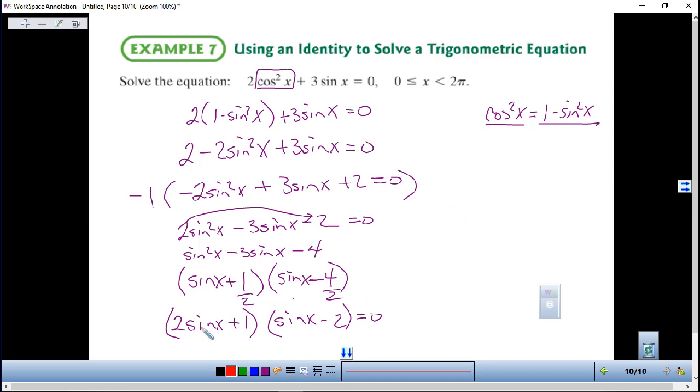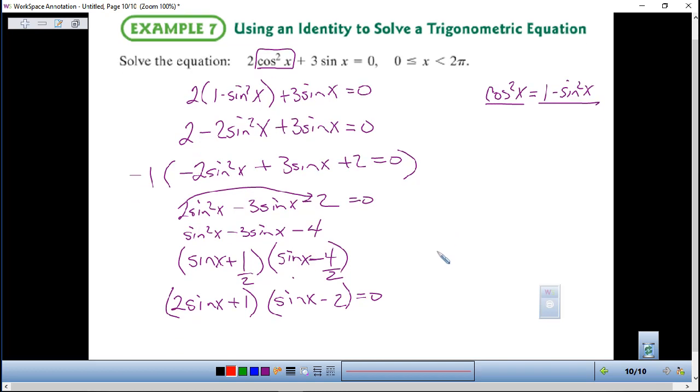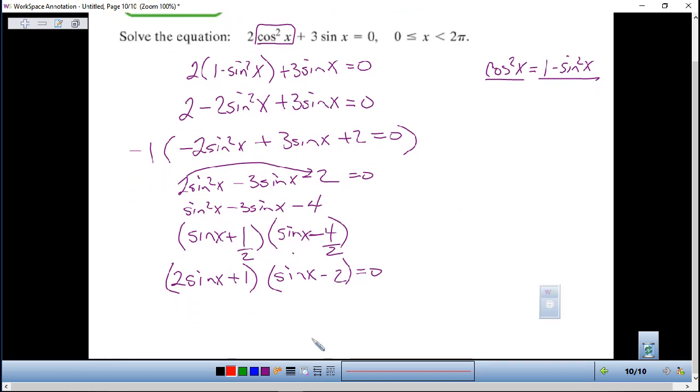Alright, changing colors just so I can keep it separate a little bit here. Actually, let me scroll down just a little bit. I may have enough room. Alright, so if I set this equal to 0, 2 sine x plus 1 equals 0, and sine x minus 2 equals 0. Right here, if I move the 1 over, it's going to become negative. Then I divide by 2, so I'm looking for values of x that make sine x equal to negative 1/2.